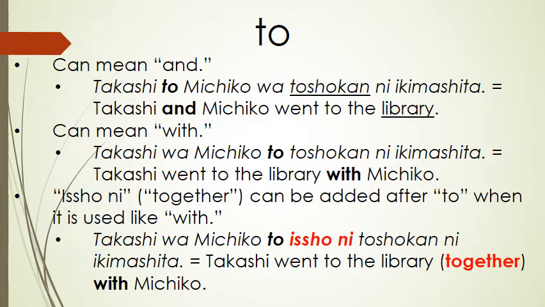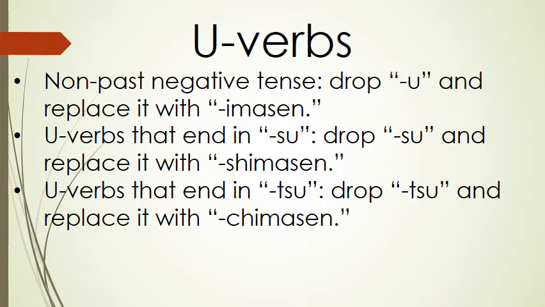When we use to mean with, we can also add the phrase ishoni after it. Ishoni means together in Japanese. So, if I were to say, Takashi wa Michiko to ishoni toshokan ni ikimashita, Takashi went to the library together with Michiko.